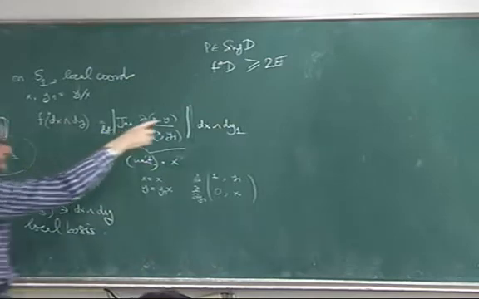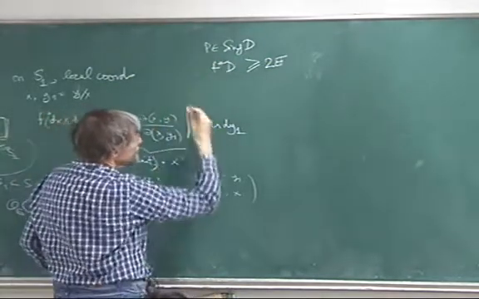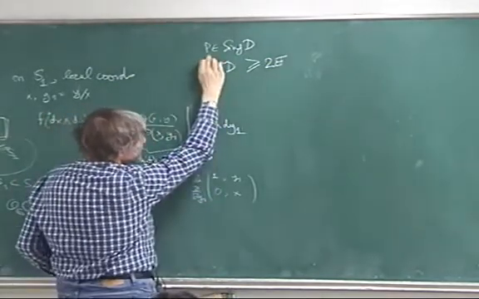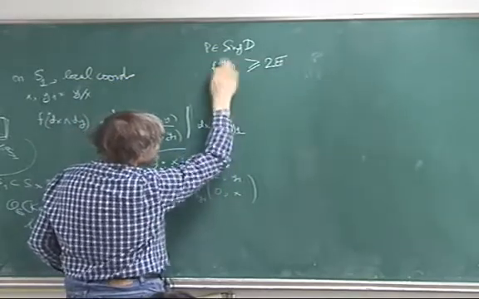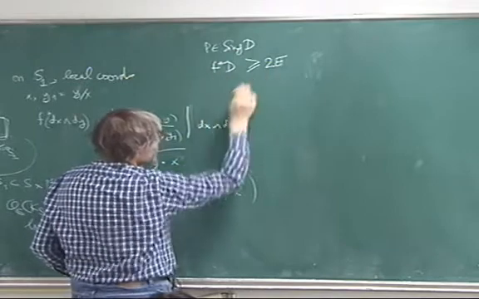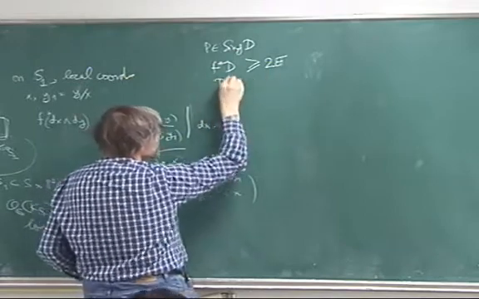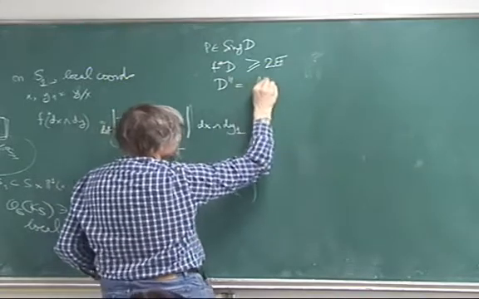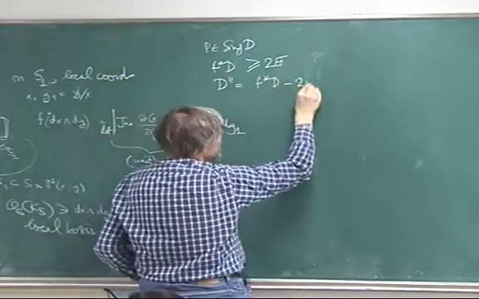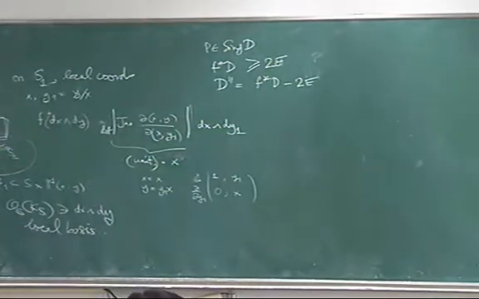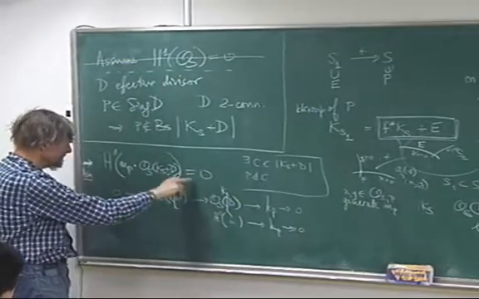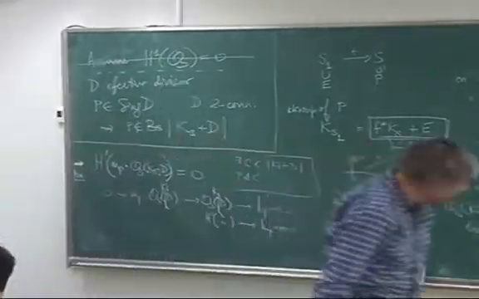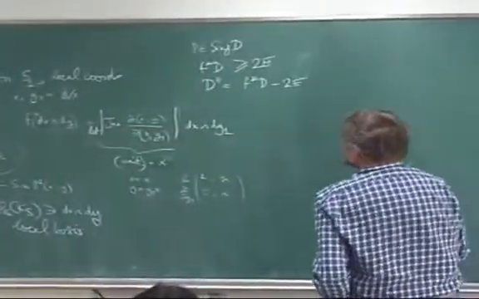The local equation of D at P must have multiplicity greater than or equal to 2 at P. So that means I take the local equation of D at P, I lift him upstairs, then he must vanish at least twice on E. Right, so I'm writing D double primed equals f upper star of D minus 2E. Right? And so remember, the thing I'm hunting is this cohomology group. I want to kill that cohomology group.